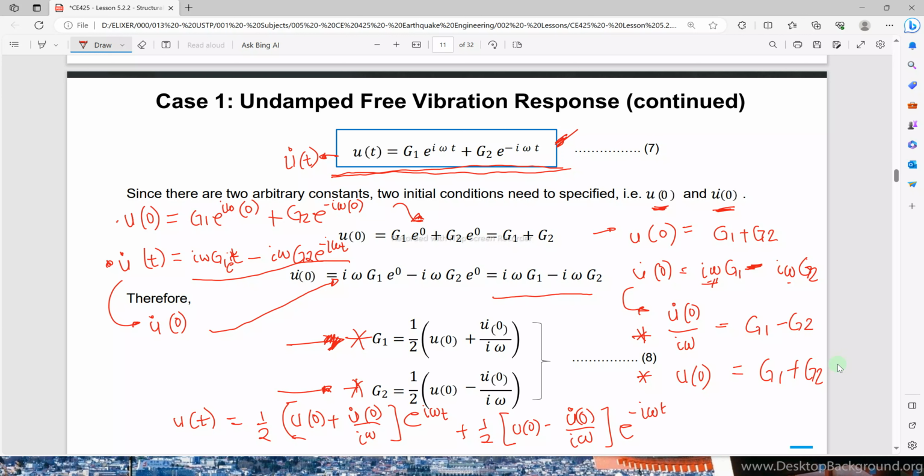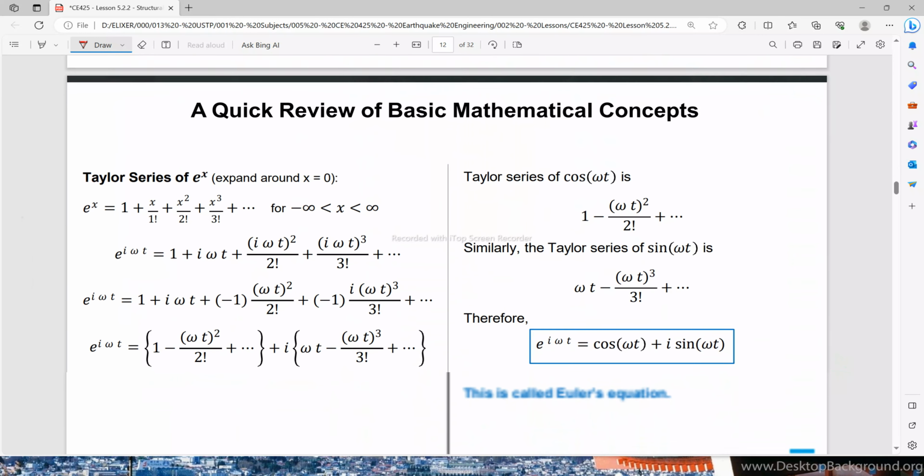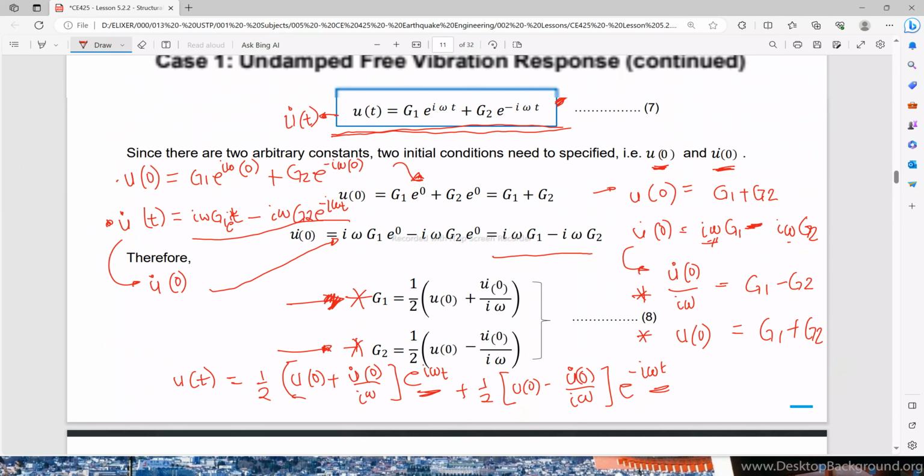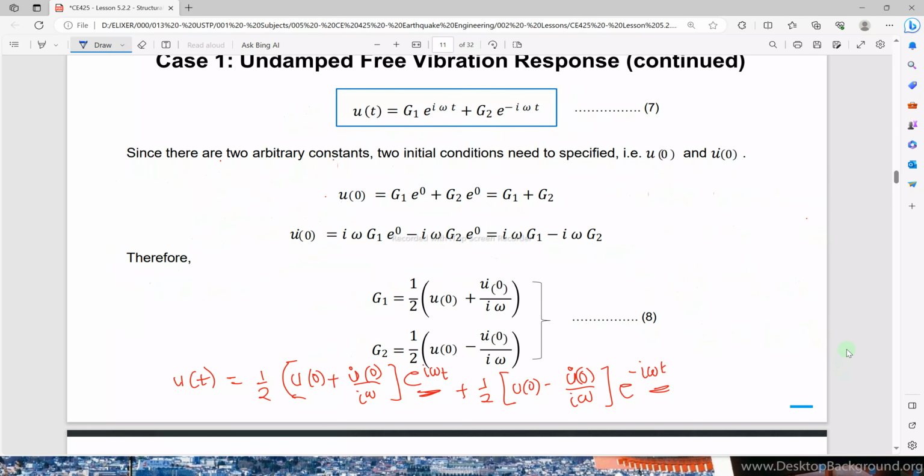And then, if you distribute the exponential part here, for this part we'll have 1/2 U of 0 e to the i omega t plus 1/2 U dot of 0 over i omega times e to the i omega t.